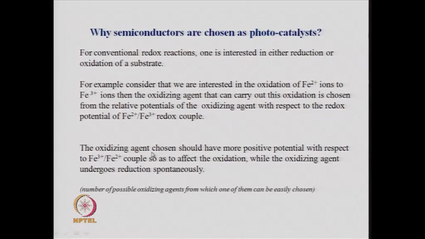The oxidizing agent should be chosen such that it has a more positive potential than the Fe3+/Fe2+ couple. That means the valence band should be lower than the potential of the Fe2+/Fe3+ couple.